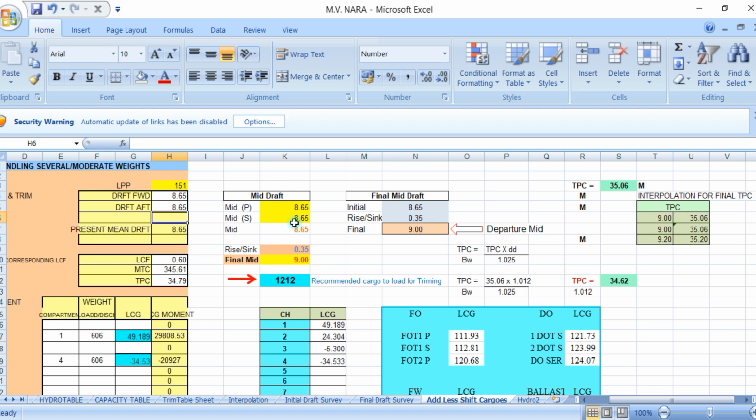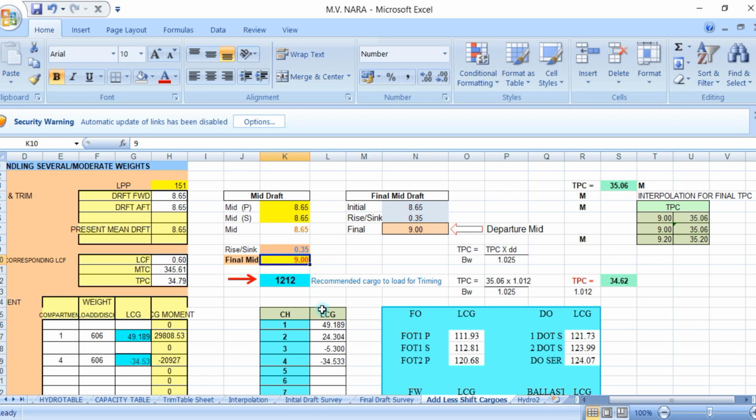Now, assuming his mid port is 8.65 and starboard is 8.65, so his mid is 8.65. According to the problem, the departure draft or maximum draft is 9 meters.